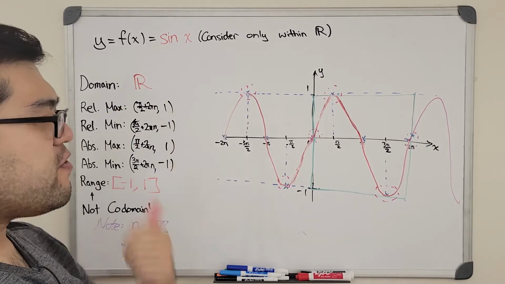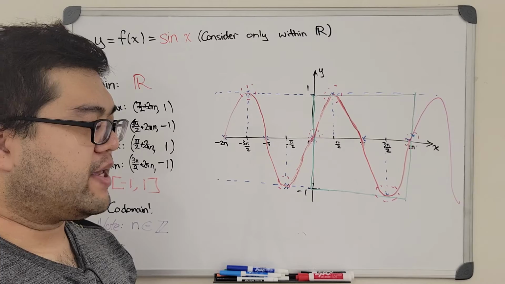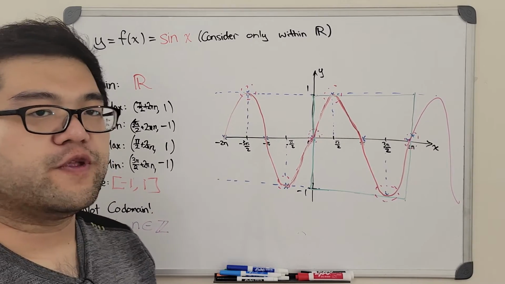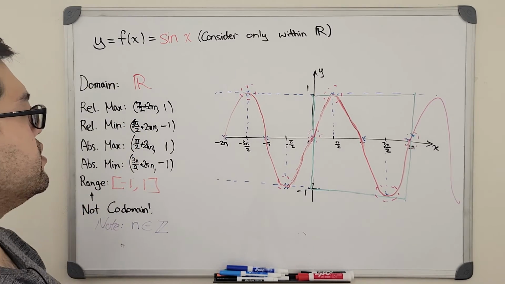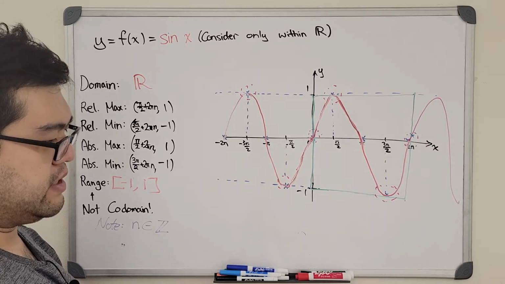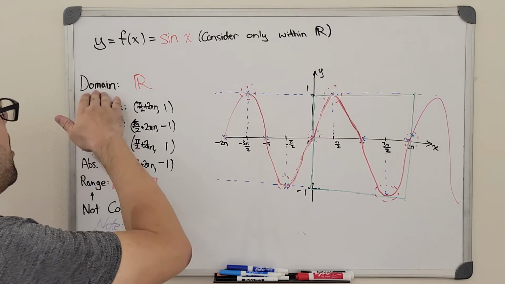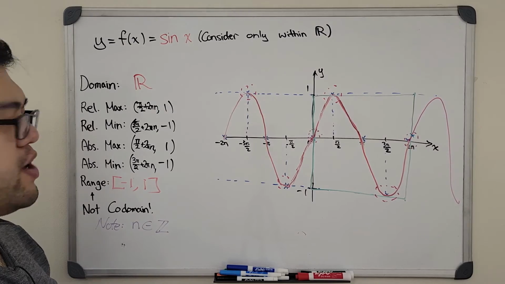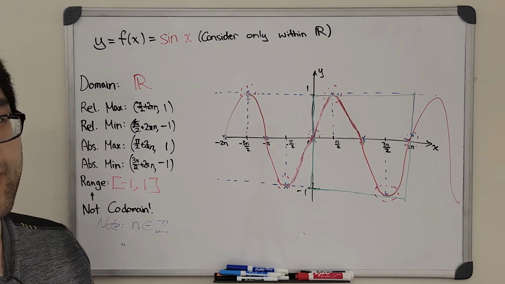And the final function that we're going to look at will be a mix, or kind of a fusion, of the 2 functions that we have done. So at that time, we're going to use all the techniques that we have done so far up to calculus 1 to find all the terms that we want to find: the domain and the range, as well as the relative extrema and the absolute extrema.